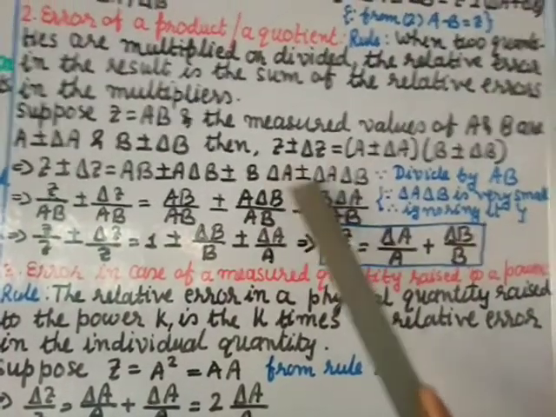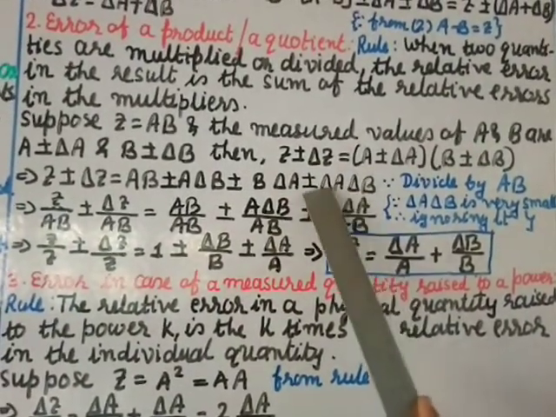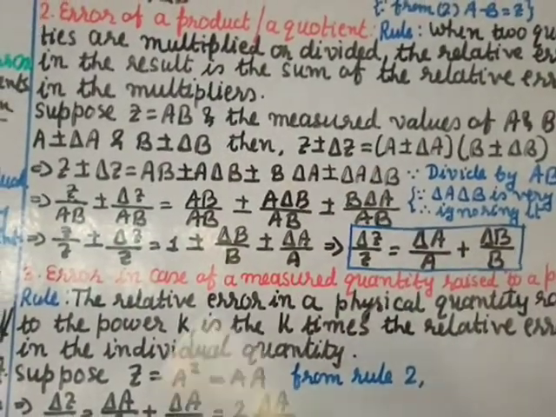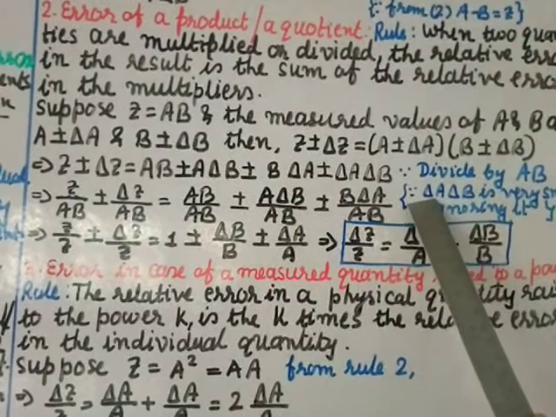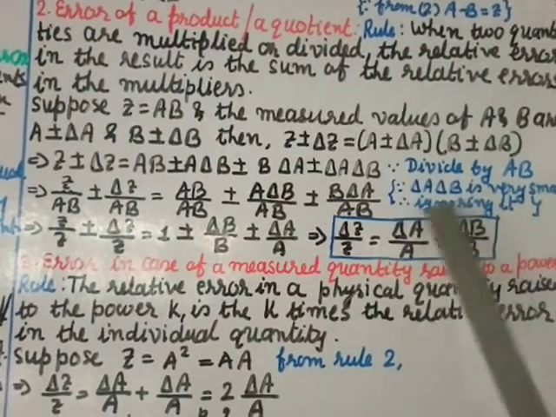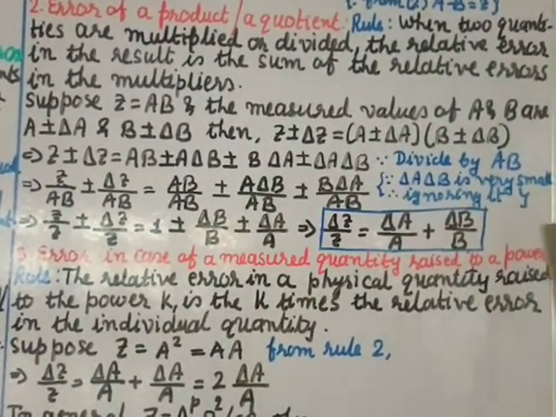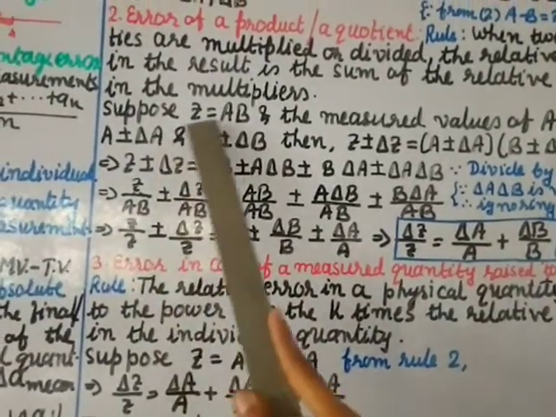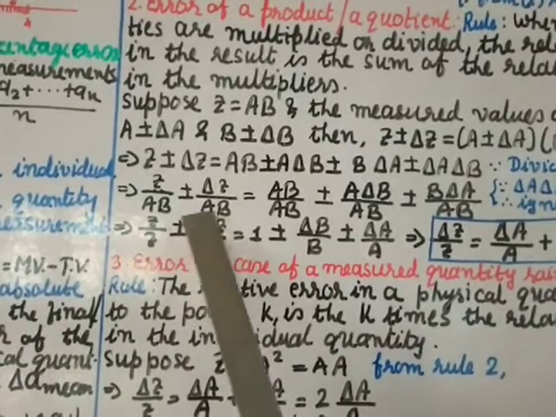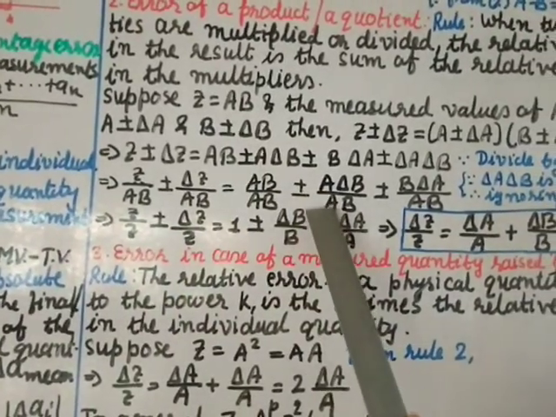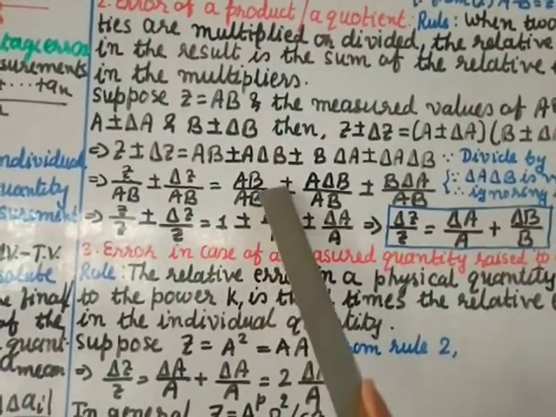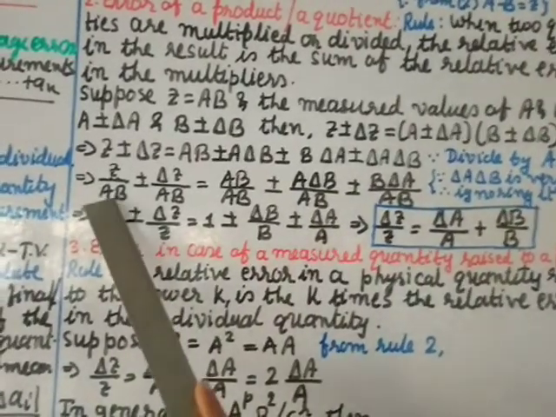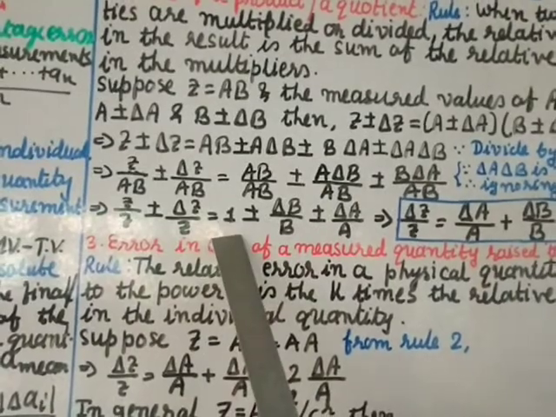Now this quantity is very small. Both are errors, and both errors will be very small, so the product will be still smaller. So we neglect this: delta A delta B is very small, therefore ignoring it. Now we know AB equals Z, so put Z here and here also Z, and A cancels with A, B with B. Now Z by Z gives you 1, and this can cancel with this.